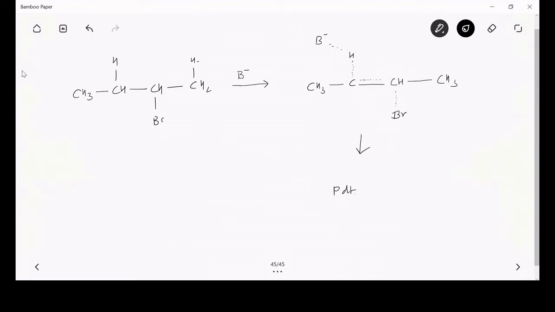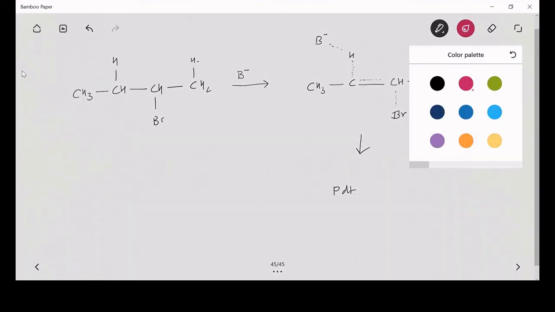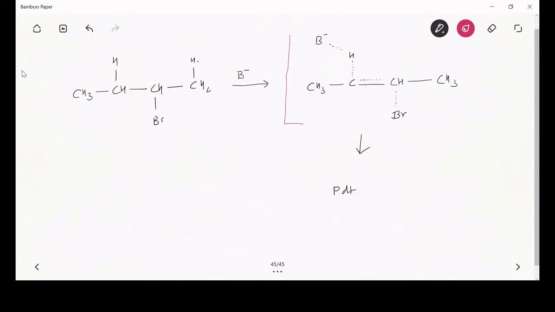Now look at this intermediate very carefully. You can see partial alkene character is developing, because a double bond is almost kind of developing in this molecule. So you can say that it has some alkene characteristics. It is not purely alkane anymore.